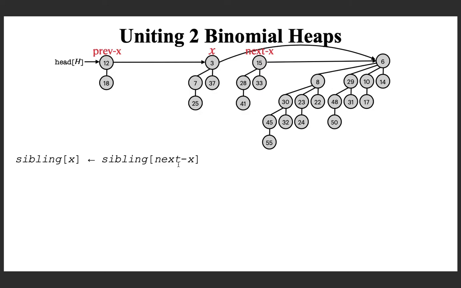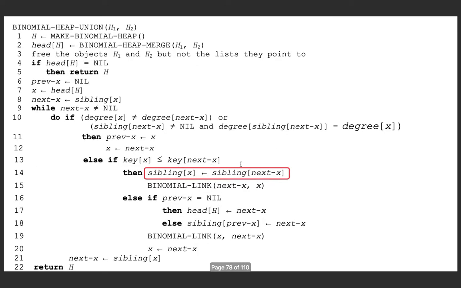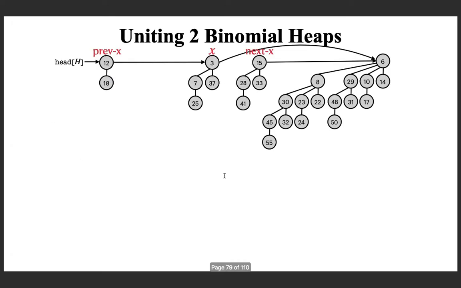If you know how to operate with a linear linked list, it's very easy. So you do that first. That's what we are doing here. The sibling is adjusted, and after that, you have done all the groundwork. You can just remove this and set it as the leftmost child of this.